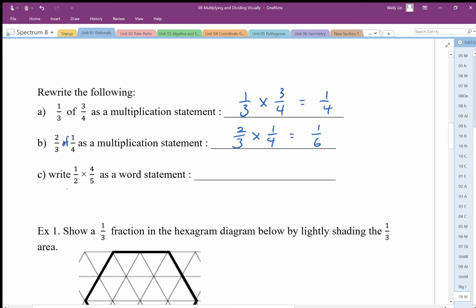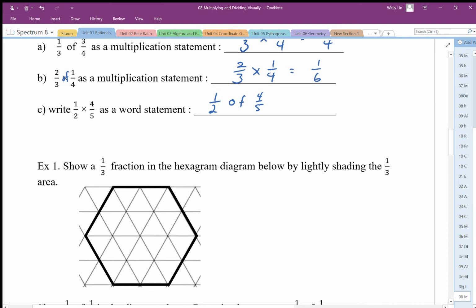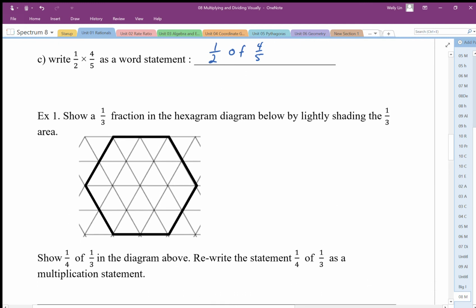And 1/2 times 4/5, well, we can write that as a word statement as 1/2 of a 4/5 fraction. Okay, so again, we can show this fraction of a fraction by looking at, okay, we start with 1/3. I'm going to draw this fraction in.